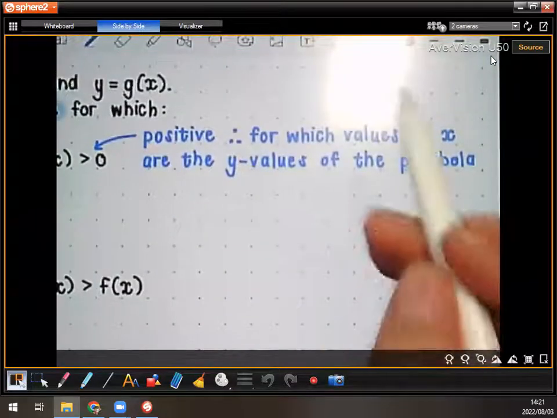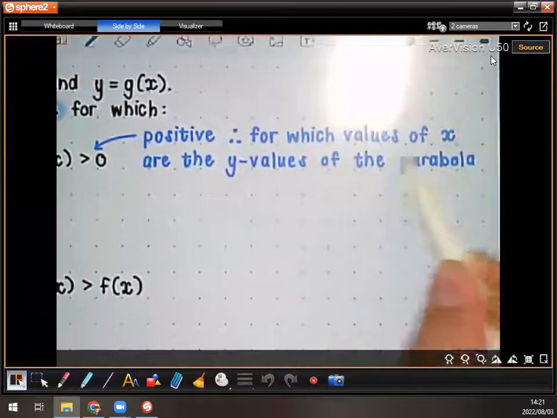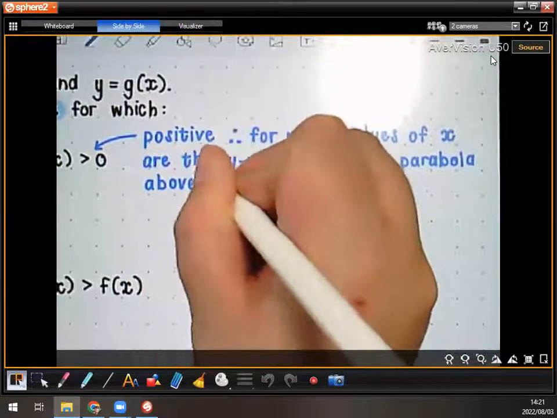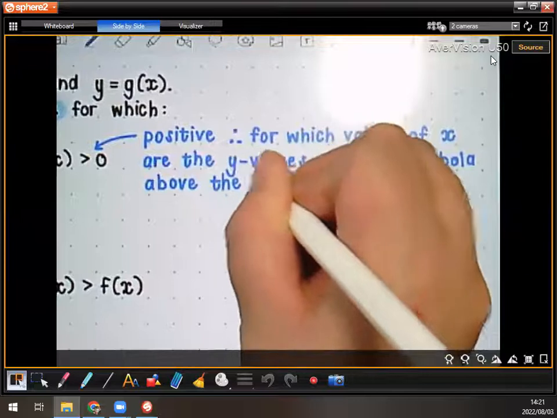Okay, so instead of writing positive again, I'm going to say for which values of x are the y values of the parabola above the x-axis.